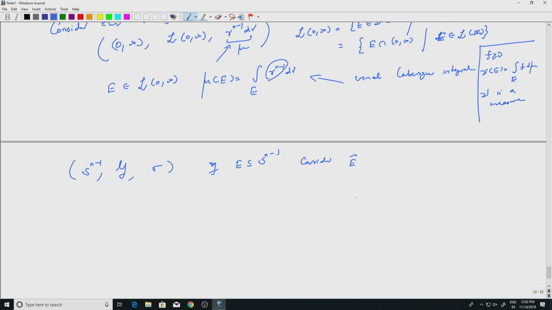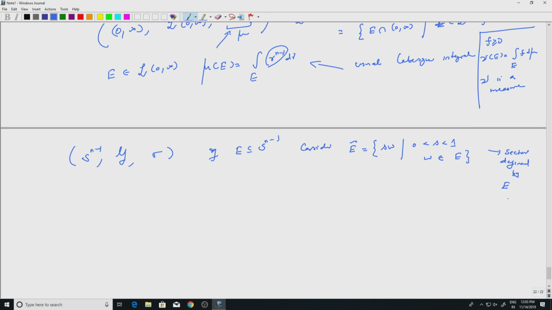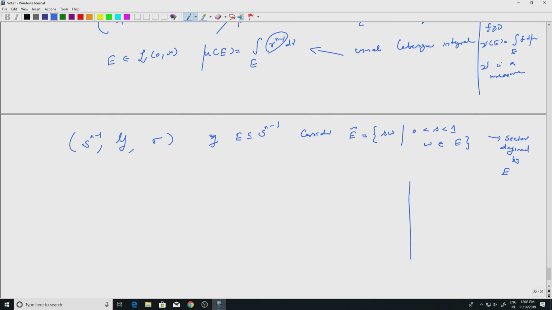E tilde is the set of s times omega, where s is between 0 and 1, and omega belongs to E. So, this is a sector defined by E. Let me explain this a little bit more. Let us look at some examples, so that it will be very clear.